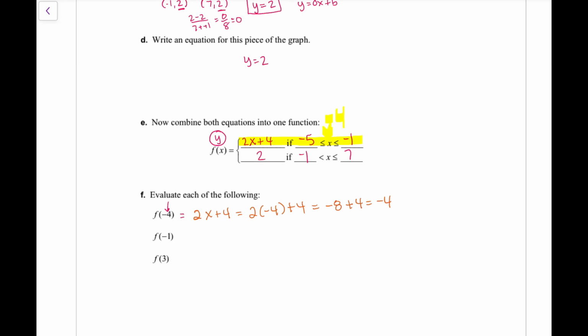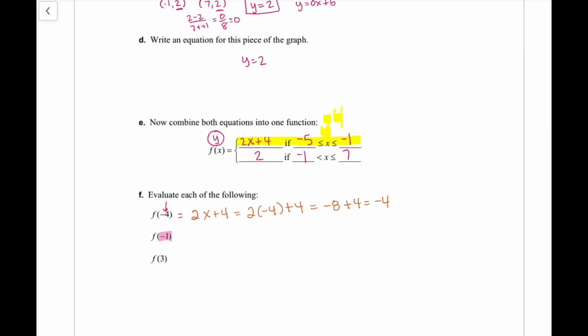Now we're going to take f of negative 1. Negative 1 is at the endpoint, okay? So we want to find which one it's equal to. Since there's a less than or equal to sign right here, we want to plug it into this one. On the other one, it has a less than sign, so we're just going to use the endpoints.